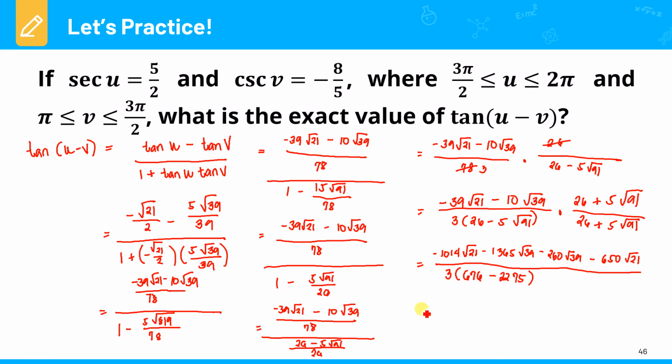Okay. So we can now simplify and combine. 1014 plus 650, am I correct?